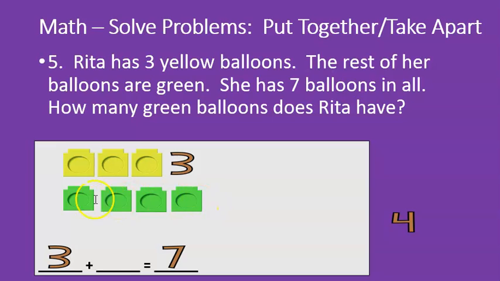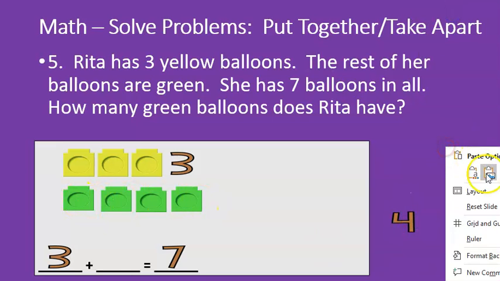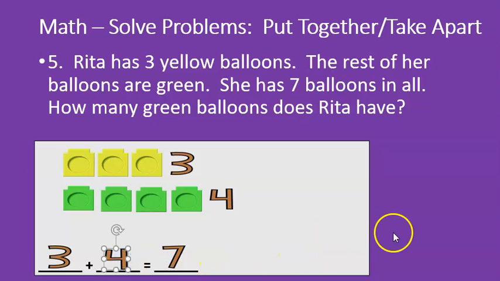Now how many green cubes are there? How many? Good job. There's 4, okay? 1, 2, 3, 4. So where am I going to put this 4 now? In here, okay? That's going to be the second number that we need to put. Now, we have our addition equation complete.